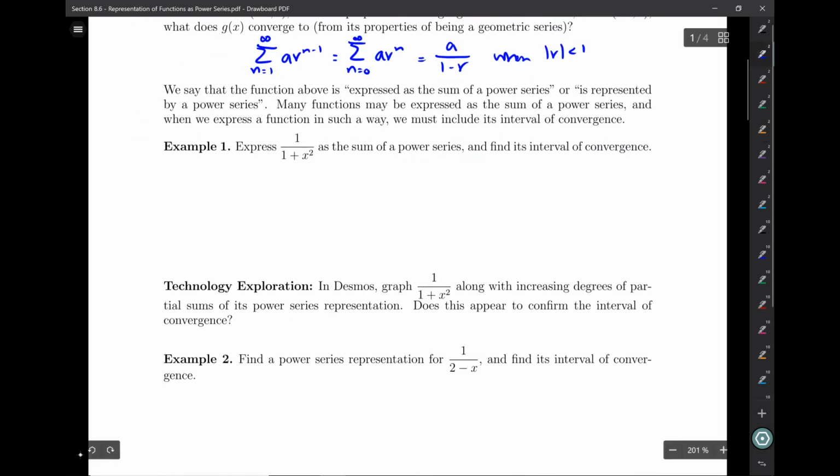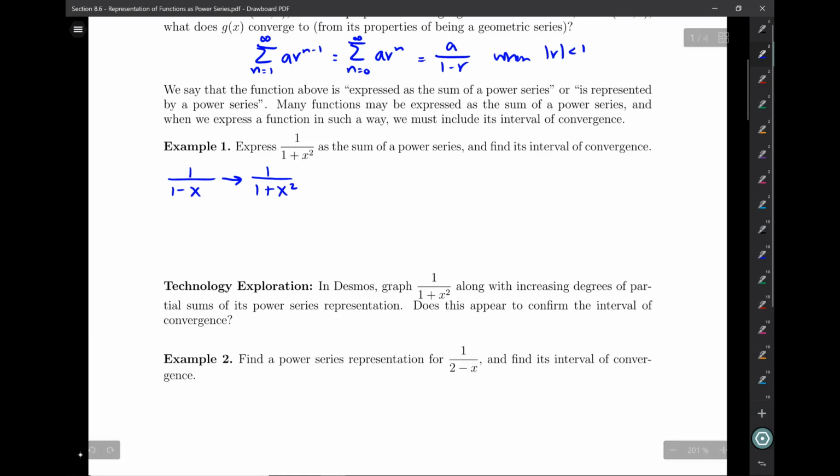So here in example 1, we are going to express 1 over 1 plus x squared as the sum of a power series and then find its interval of convergence. So 1 over 1 plus x squared. Let's think about what we would do to 1 over 1 minus x in order to make this into 1 over 1 plus x squared. Notice that they're kind of similar.